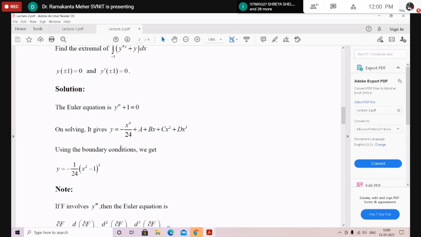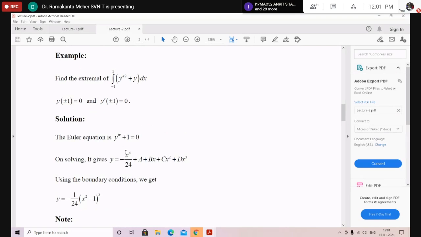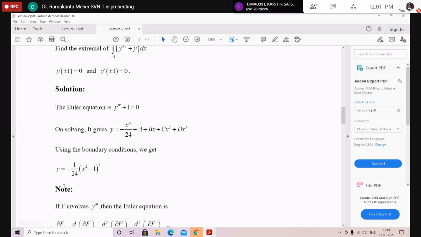So this is the general solution in which there is an association of the particular solution as well as the complementary function. Okay. Now, upon using the boundary conditions, y of plus or minus 1 equal to 0 and y dash of plus or minus 1 equal to 0, we can get the solution, this one. y equal to minus 1 by 24, x square minus 1 whole square.